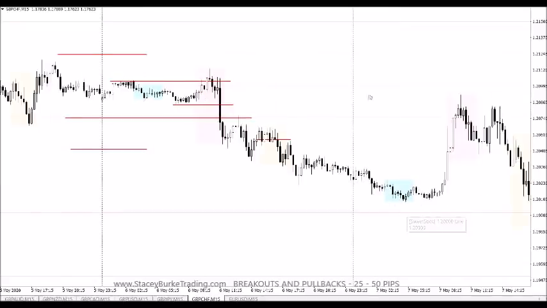We get our peak formation low in our Asian session. The market moves up 25. We'll mark this off, 25. 50 pips, pins up into the third box, but again 25 to 50 pips.